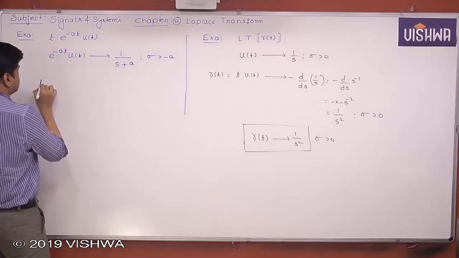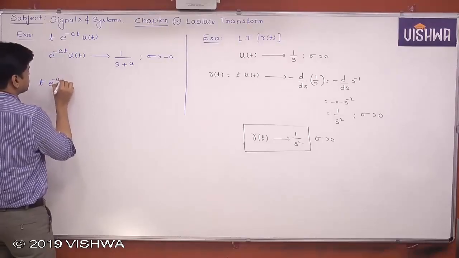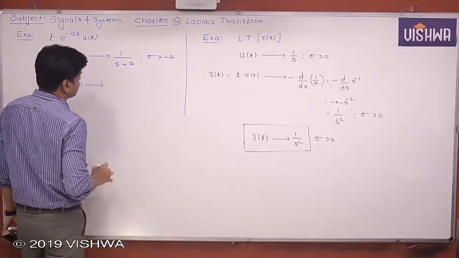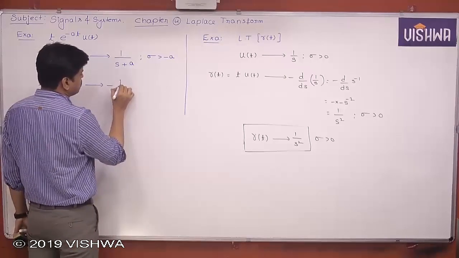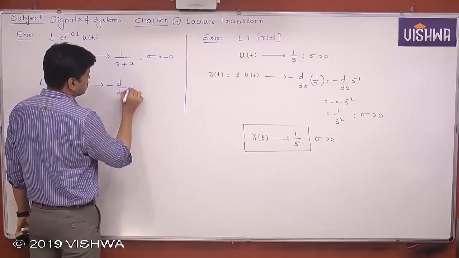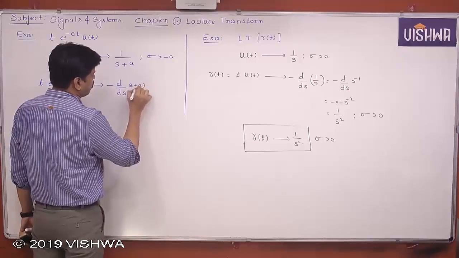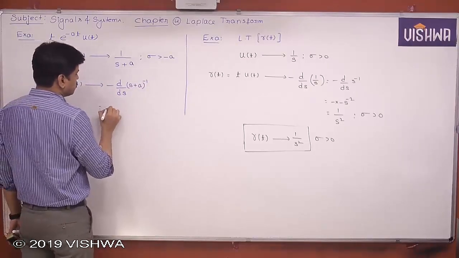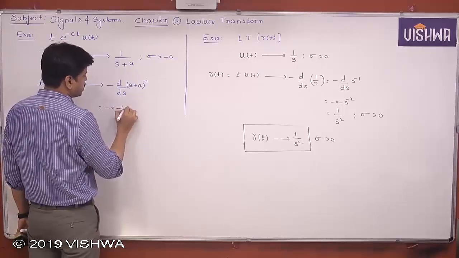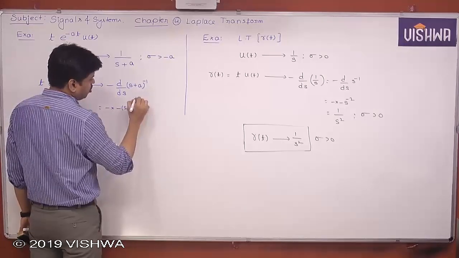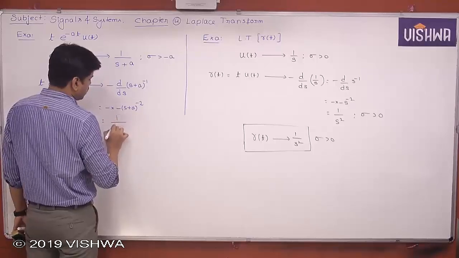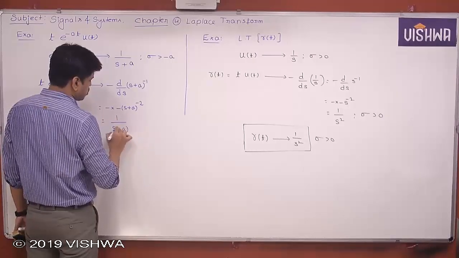Now t e power minus at u of t, then it is minus d by ds of s plus a whole inverse, that is minus into minus s plus a whole power minus 2. So that is going to be 1 by s plus a whole square.